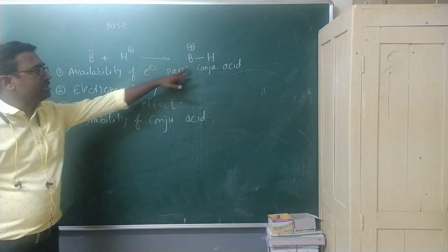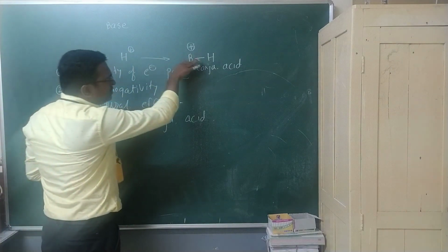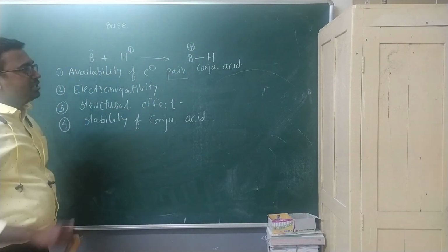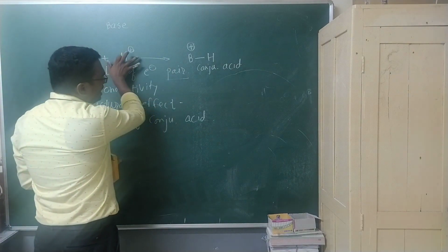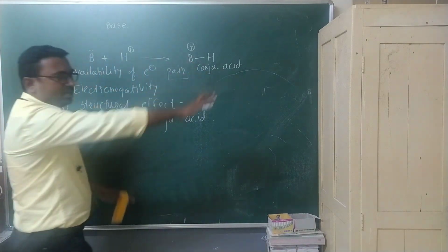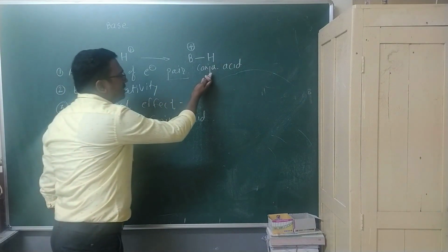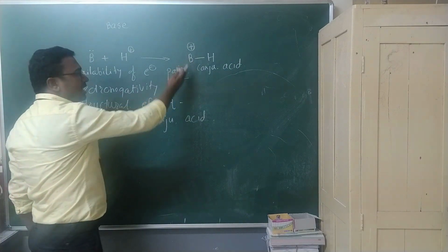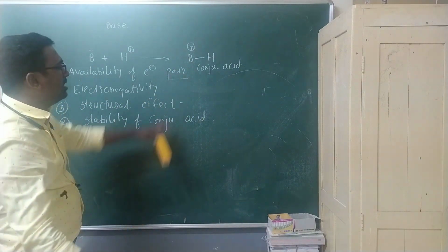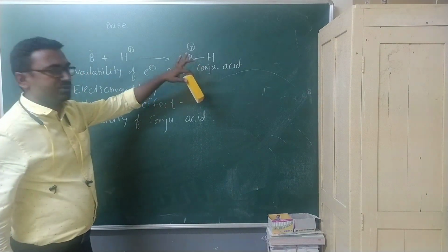If the stability of this conjugate acid increases, then the reaction will shift towards the right hand side, that means towards the stability. If this reaction is getting a stable product, it will readily go in the right hand direction, and we will get the product. If you are not getting a stable product, the reaction will not shift in that direction, and we will not get the product in large quantity.